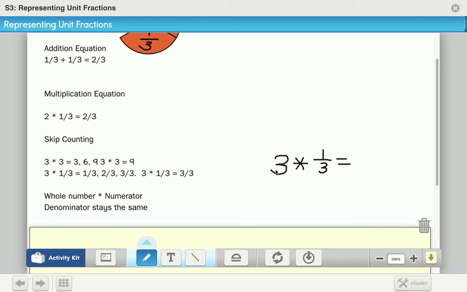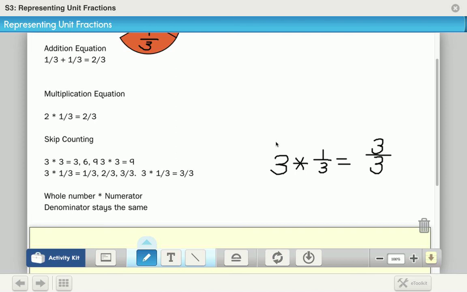So when we multiply a whole number times a fraction, we take the whole number, which is 3, and we multiply that times the numerator. So 3 times 1 is 3, and that becomes our new numerator. And then the denominator stays the same. We're still working with thirds. The thirds have not changed any. So 3 times 1/3 is equal to 3/3, or we know that 3/3 is also equal to 1 whole, okay?